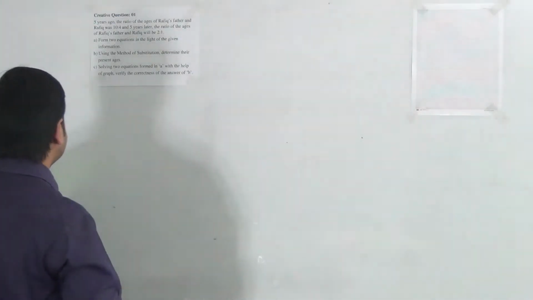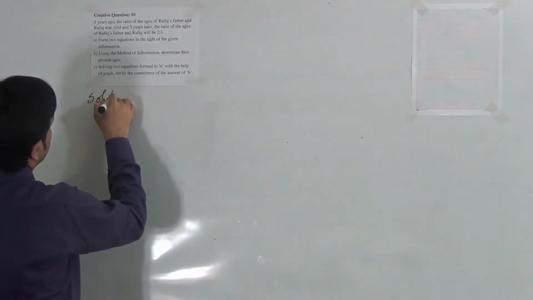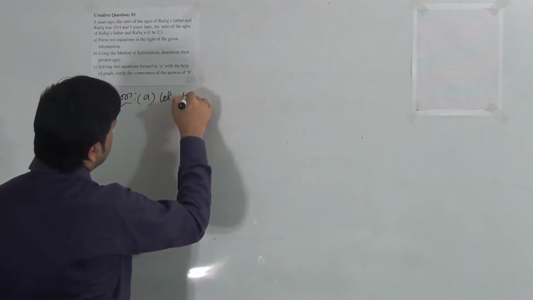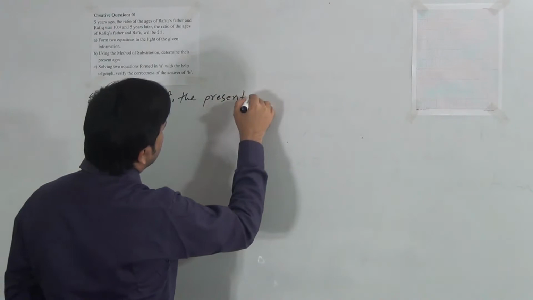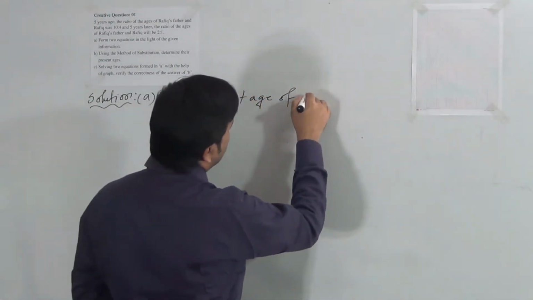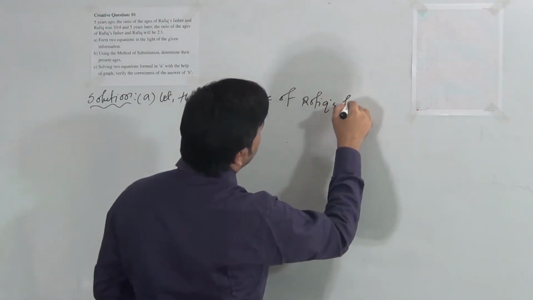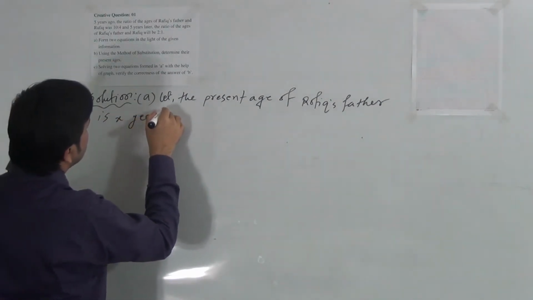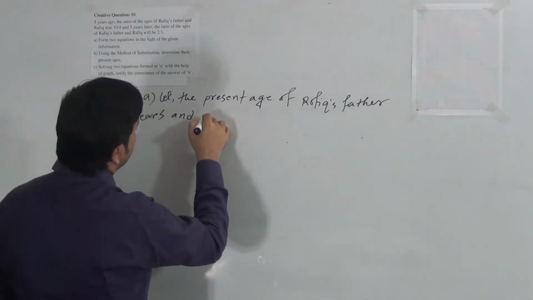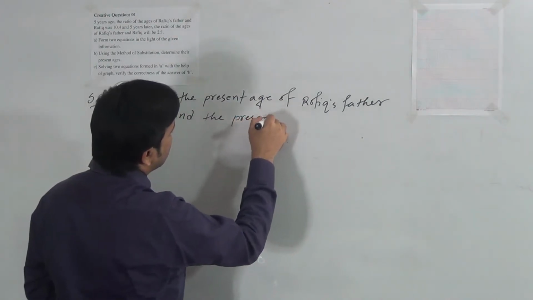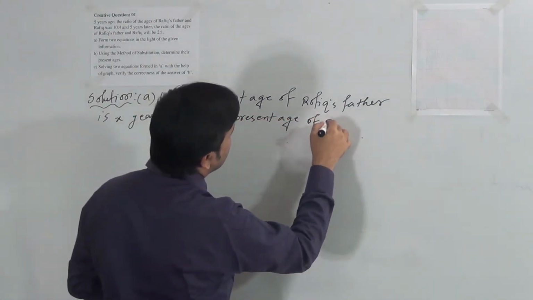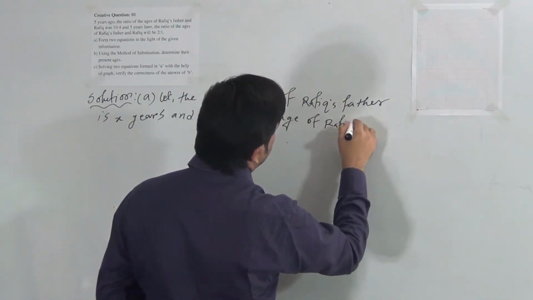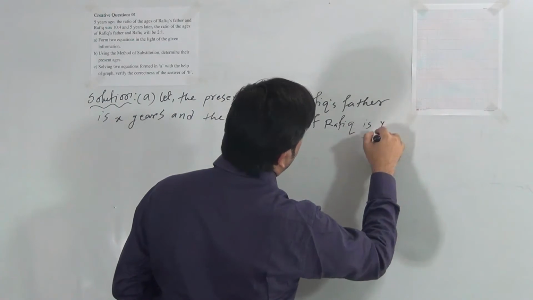So we have to take here solution A. Let the present age of Rafiq's father is X years and the present age of Rafiq is Y years.